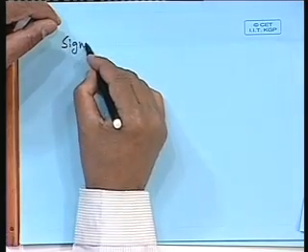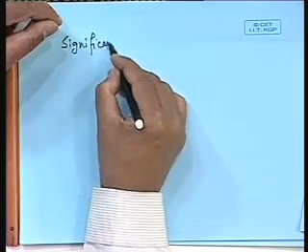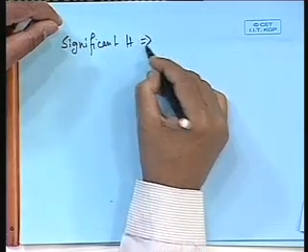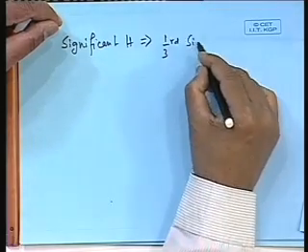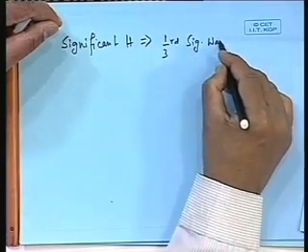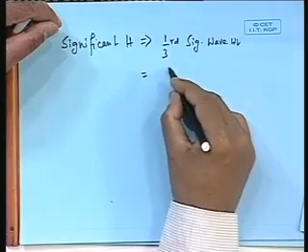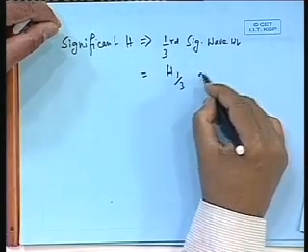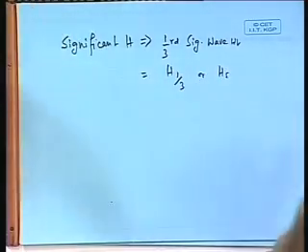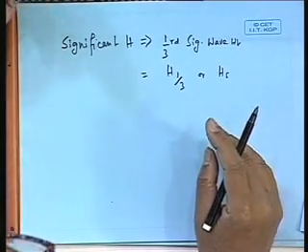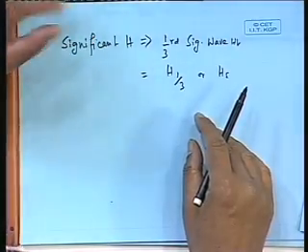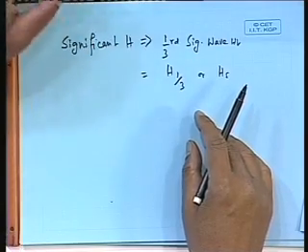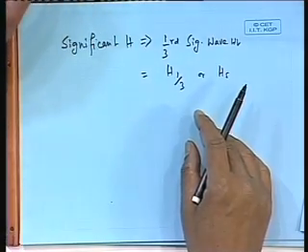So significant wave height by default means 1/3. If somebody did not tell you the number 1/3, he just told you that significant wave height is 6 meter, you can safely assume that what he is referring to is the 1/3 significant wave height.